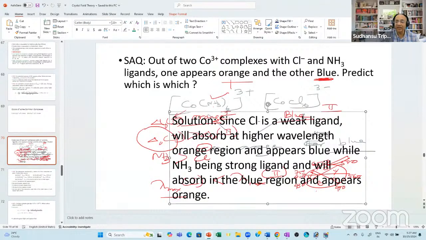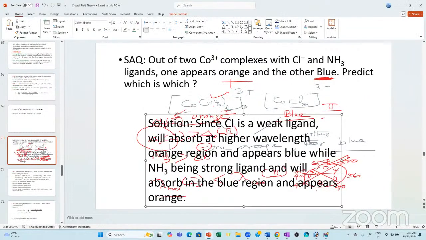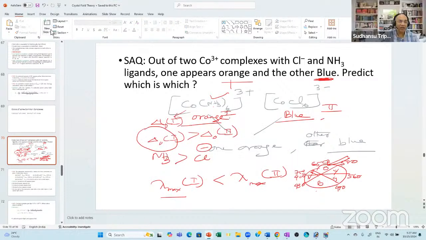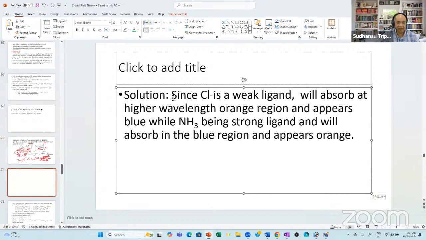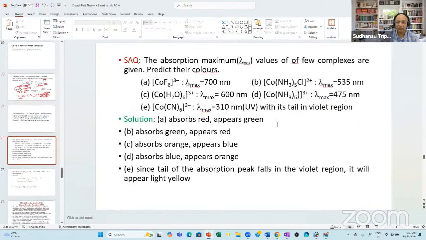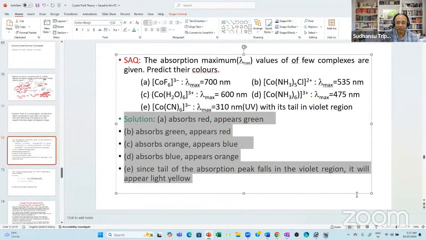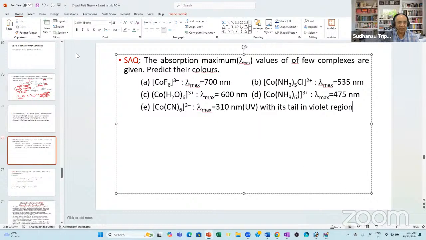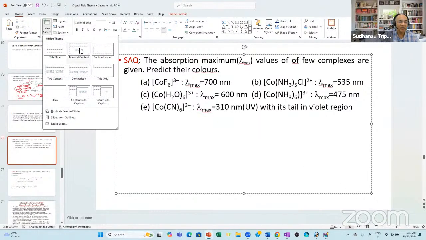So the chlorido ligand will appear blue and the amine ligand will appear orange. Got it? Yes, sir. I will drop the answer in another solution, and here the explanation let it be there. Now this I am taking to the other one.